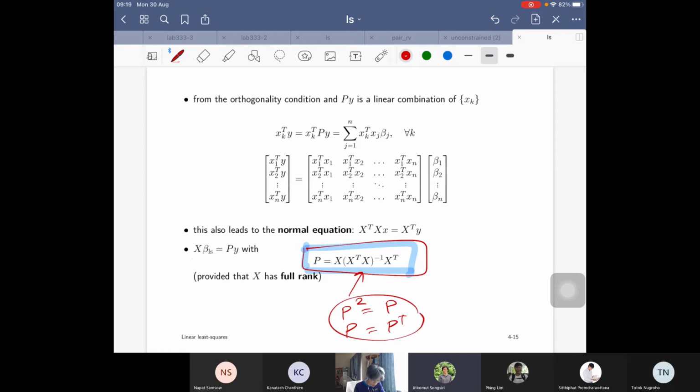You can verify it real quick: compute P squared, and then check that it actually equals P. We're going to come back to this P several times. It has some other properties. For example, I minus P must be positive semi-definite. Please check.